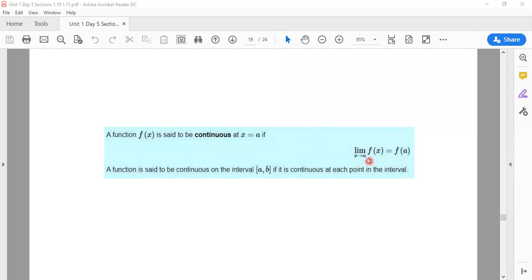So in other words, say a is 1. They say, prove at x equals 1 that this thing is continuous. So we need to take the limit as x goes to 1 of f of x. You have to remember that if it's a piecewise in any way, you're going to need to break it up, limit from the left, limit from the right. Now, the only piecewise you don't need to break up is if you had, say, x is not 2, and then x is 2.